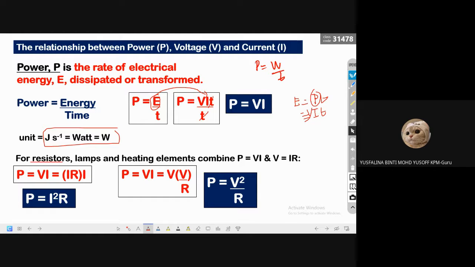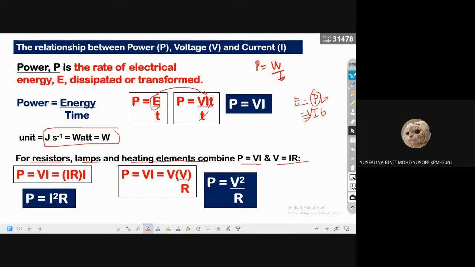For resistors, lamps and heating elements, we combine P is equal to VI and V is equal to IR. All of these need energy loss: lamps need light energy, heating elements need heat energy, like the kettle, the iron, the hair dryer.